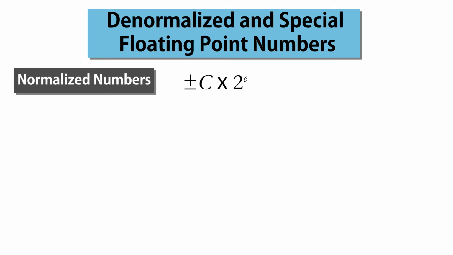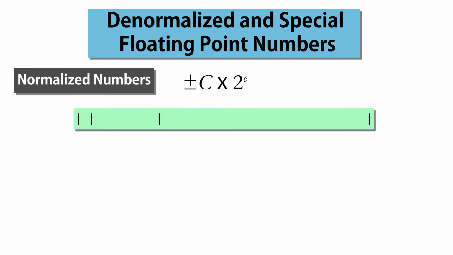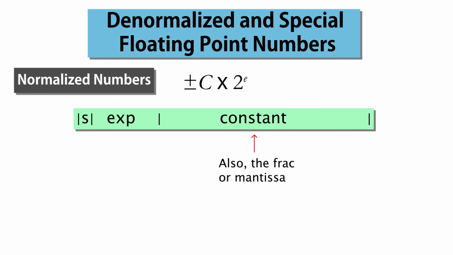In floating point format, numbers are stored in 3 fields: sign, exponent, and constant. The constant field is sometimes called the frac or mantissa. For 32-bit floats, we allocate 1 bit for the sign, 8 bits for the exponent, and the remaining 23 bits for the constant. Recall finally that for normalized numbers, the exponent is stored in biased form.